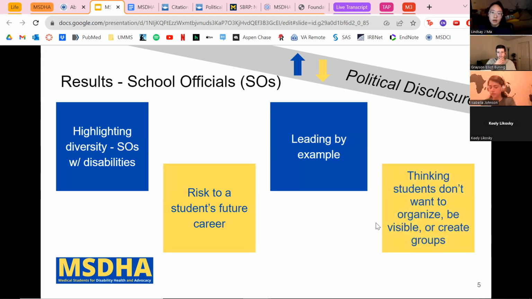Also, very interestingly to me, some of these SOs thought that students did not want to organize or be visible or create groups, and that was a reason why they weren't encouraging political disclosure and in fact discouraged it in some settings. When one faculty member was asked if students were looking for a community around disability, a school official said, quote, "Not at all, not at all," close quote.